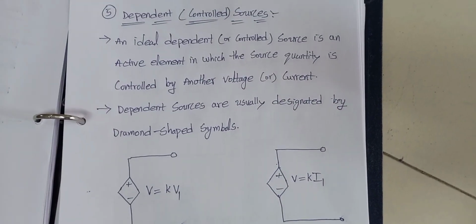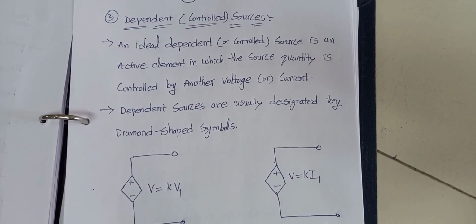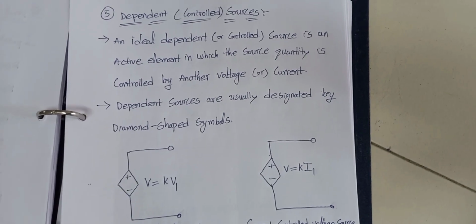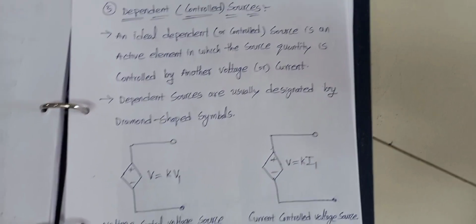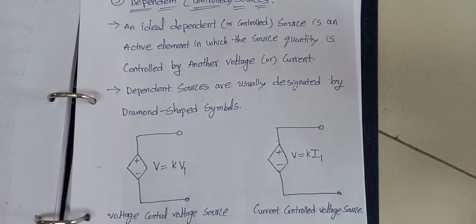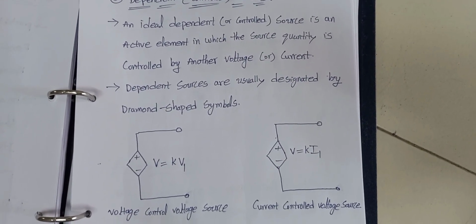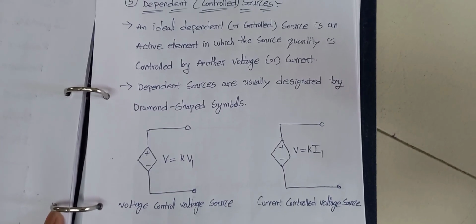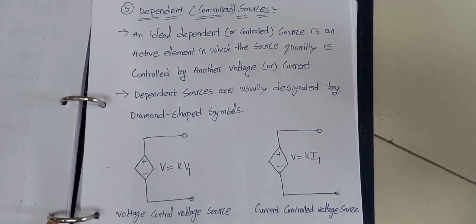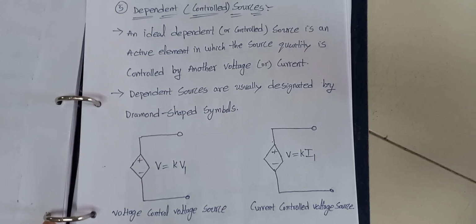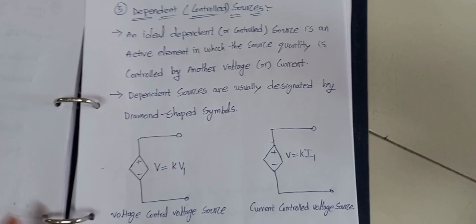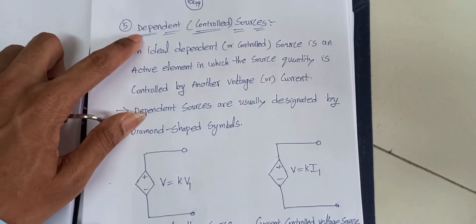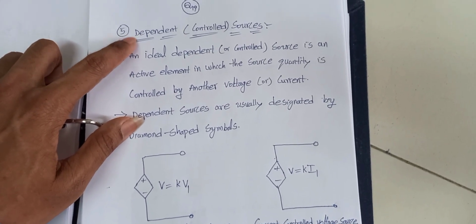So you remember an ideal independent source is an active element in which source quantity is controlled by another voltage or a current. Dependent sources are usually designated by a diamond shape. Previously I also said what the difference is between symbols of independent sources and dependent sources. Whenever we get a dependent source, dependent source D is indicated with a diamond.